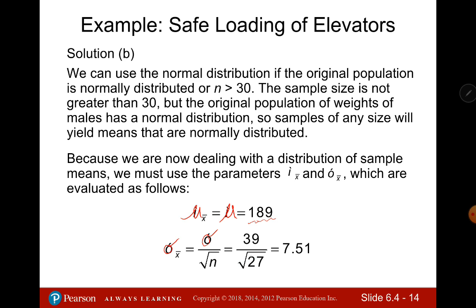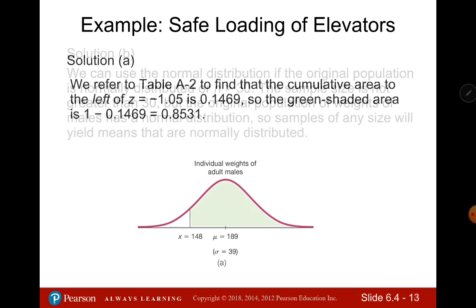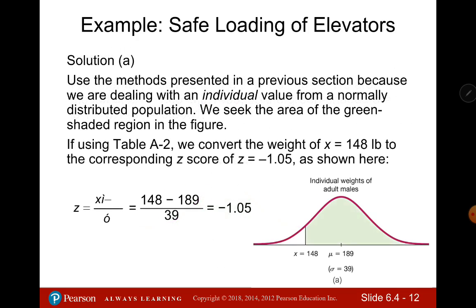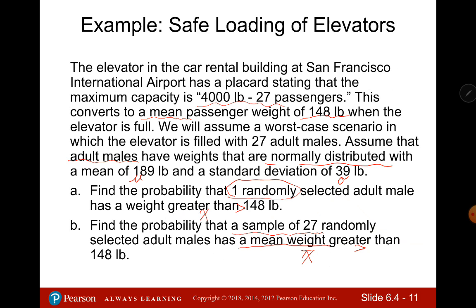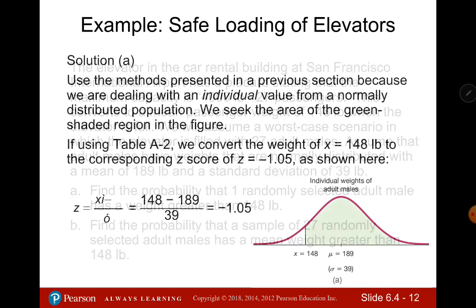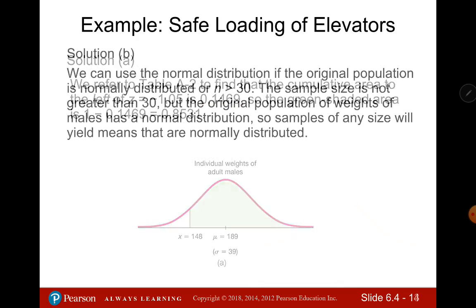But where can we get the sample size n? We go back to check it. Here, from part B, we know if we select a sample of 27, the sample size is 27. So that's how we get the n value.